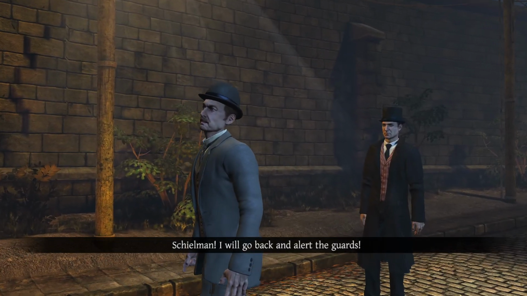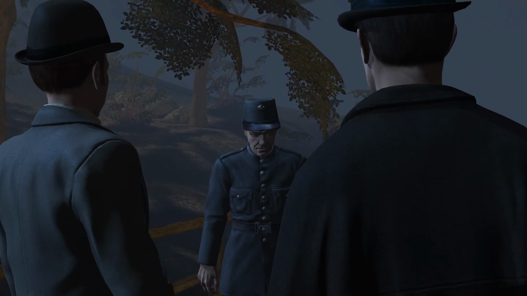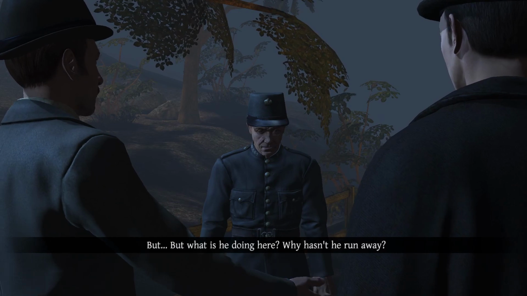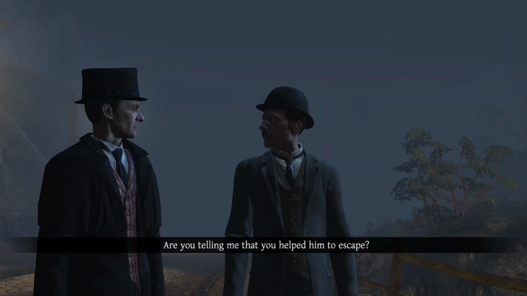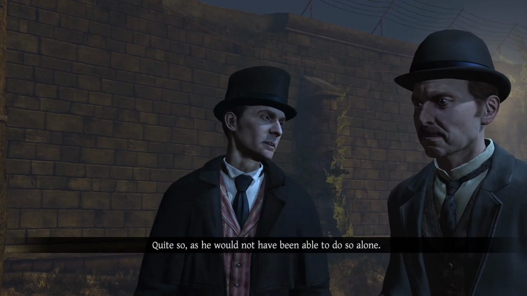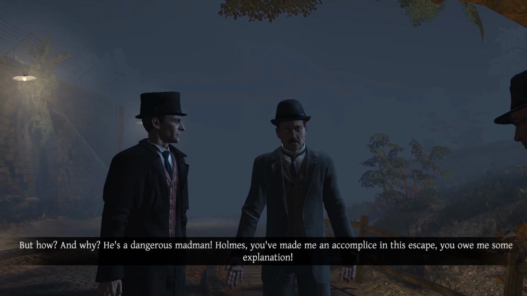Shieldman! I'll go back and alert the guards. Calm down. He's harmless. Why? But what is he doing here? Why hasn't he run away? Because I asked him not to. Are you telling me that you helped him to escape? Quite so, as he wouldn't have been able to do so alone. But how? And why? He's a dangerous madman.